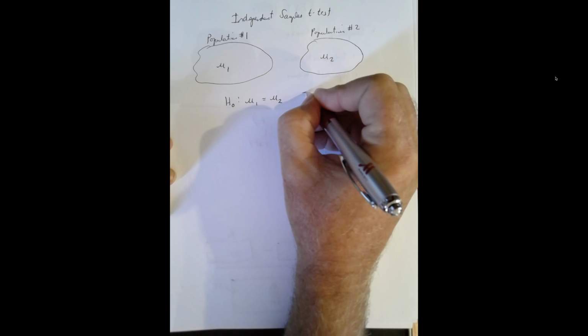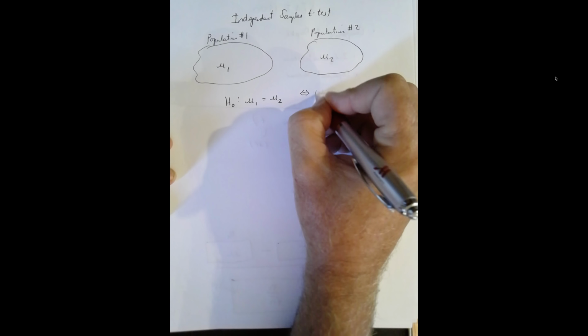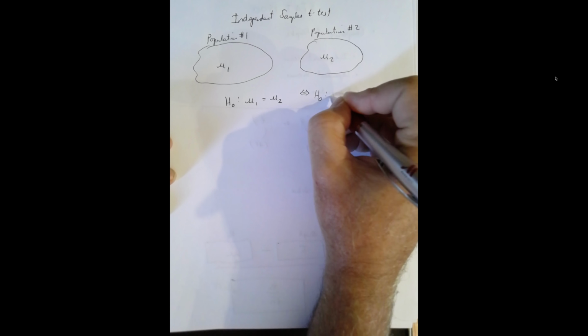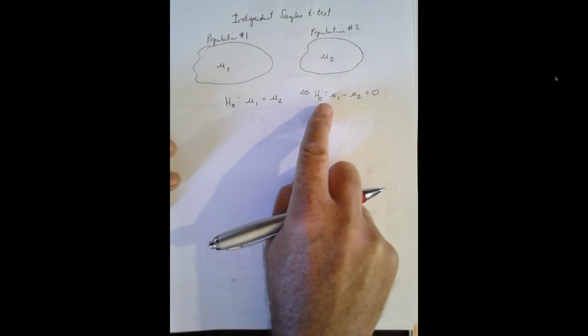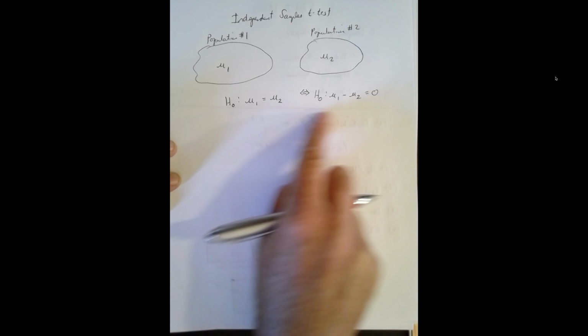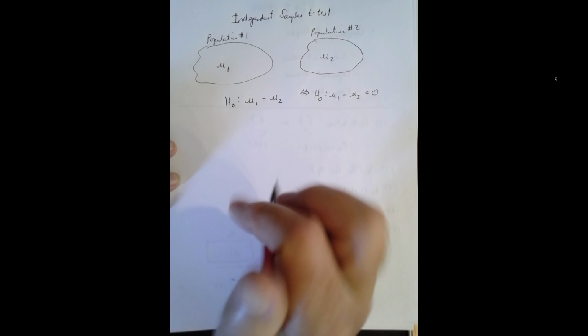So this is equivalent to saying if the means are the same, then the difference in the means has to be equal to 0. Makes sense. 5 equals 5, right? 5 minus 5 is 0. So again, this is our H sub 0.